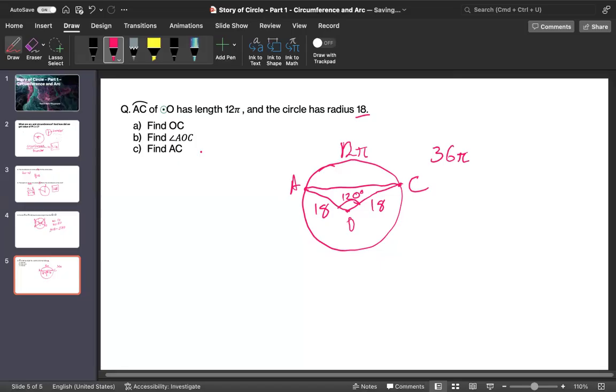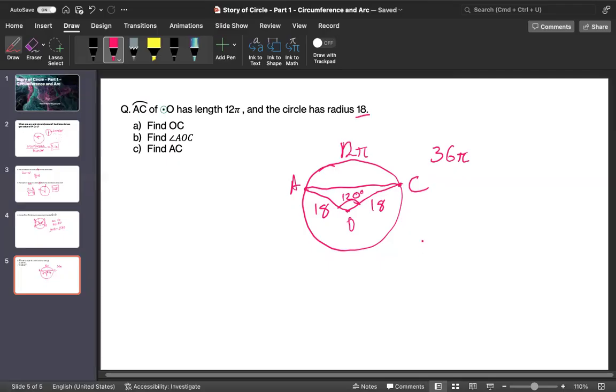Okay, and our last one, find AC. Okay, so we're gonna start by finding angles OAC and OCA. So, since these two sides are both equal, AO and CO, we know that ACO and CAO must be equal.